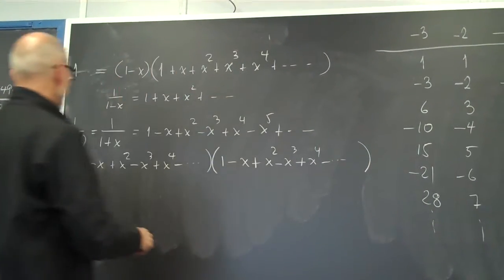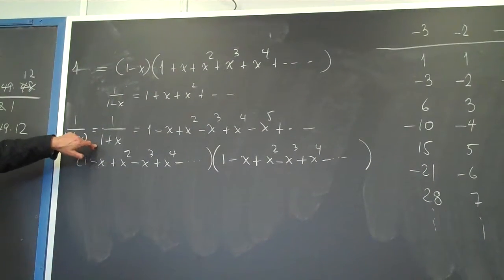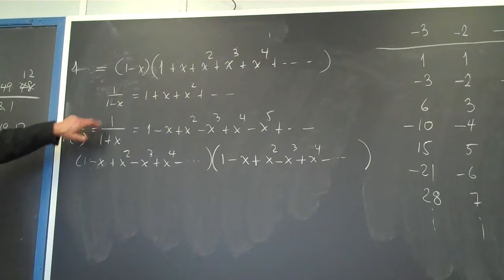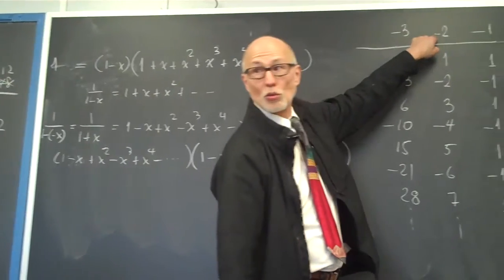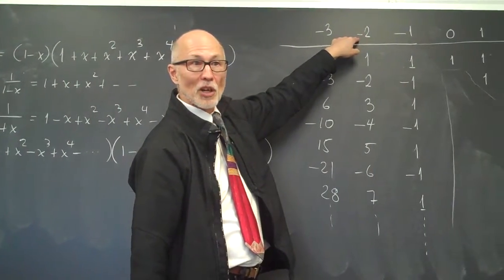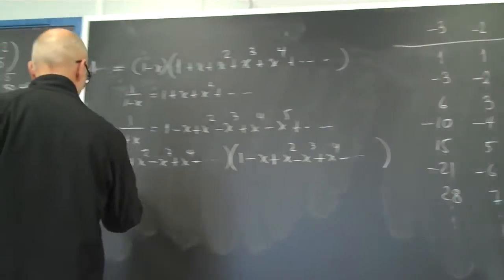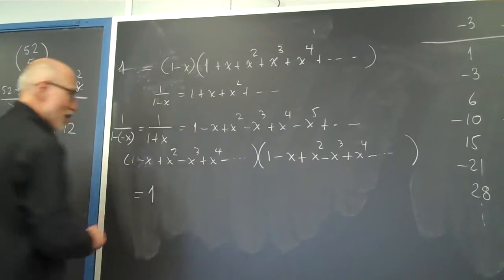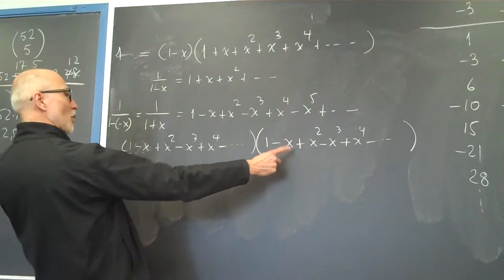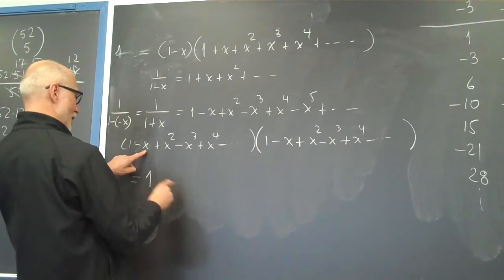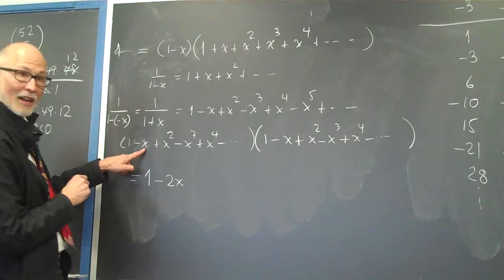So this is 1 over 1 minus x. If I take 1 over 1 minus x squared, this should give me the minus 2 column. So let's check it out. Looks good for the 1 part, obviously. Now the things with x: I get 1 times x and 1 times x, so minus 2x.